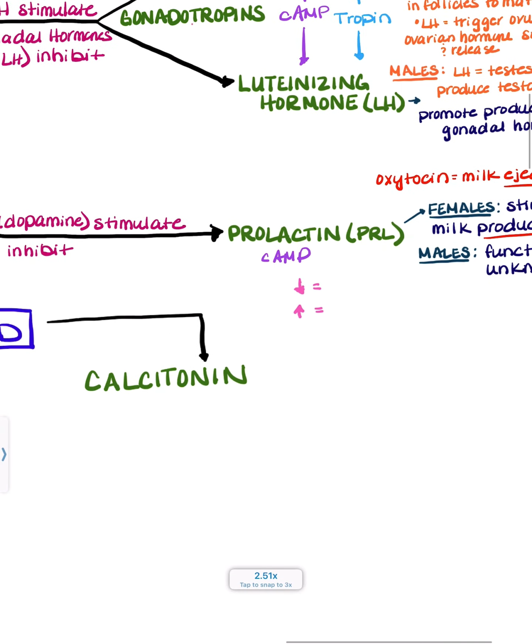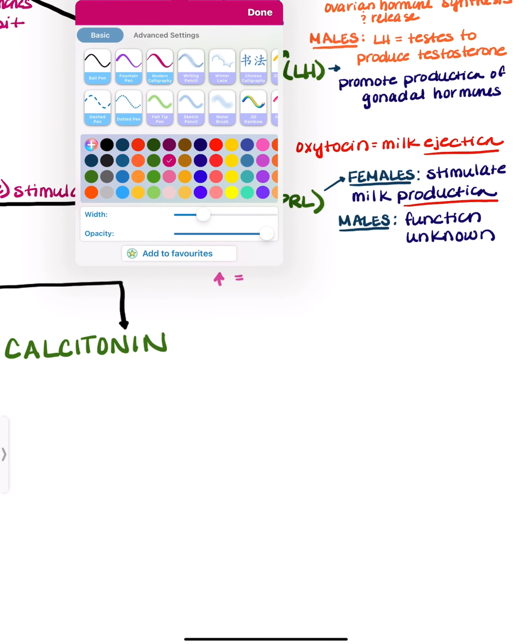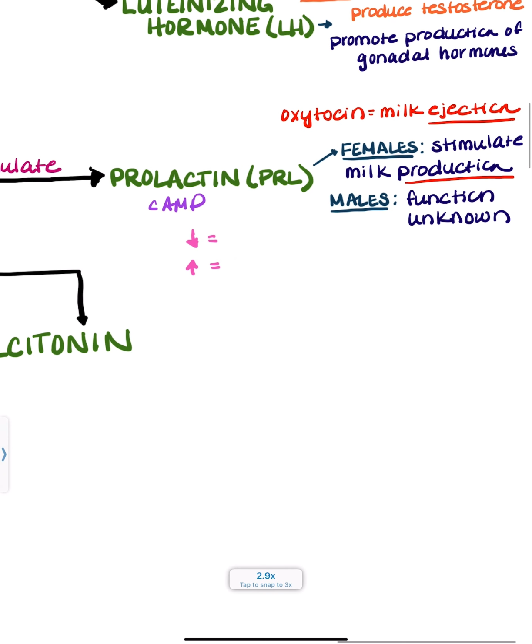Okay. Again, let's talk about hypo and hypersecretion of prolactin. Hyposecretion would mean if you were pregnant or had just given birth, that if you don't have enough prolactin being secreted, then you are going to lower your production of milk. If we have hypersecretion of prolactin, we get basically the opposite, which is called galactorrhea.